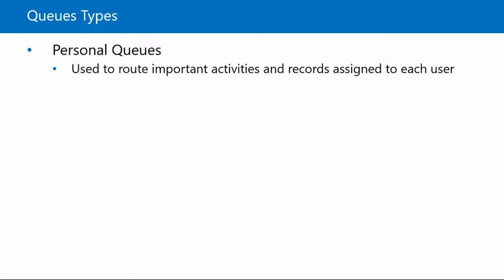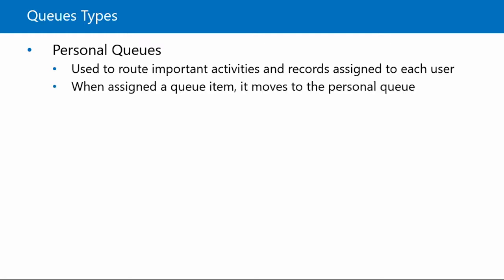In addition, whenever a user is assigned to a queue item, it moves to their personal queue. Now, it's important to note, when working with personal queues, other users do not have access to see the details of those personal queues.